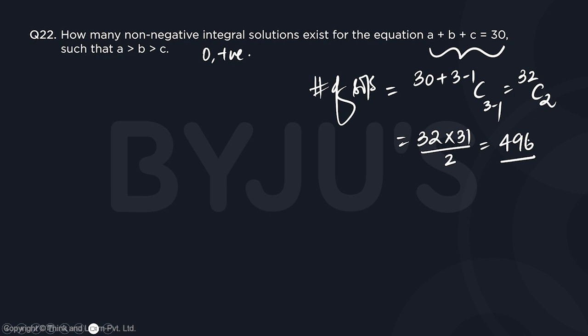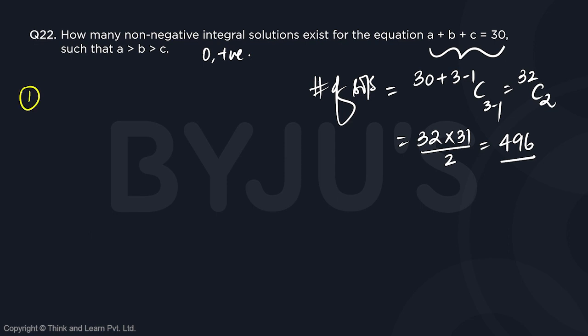Now, if we want such cases where a is greater than b is greater than c, we will have to find out those cases where any two are equal and ignore those scenarios.